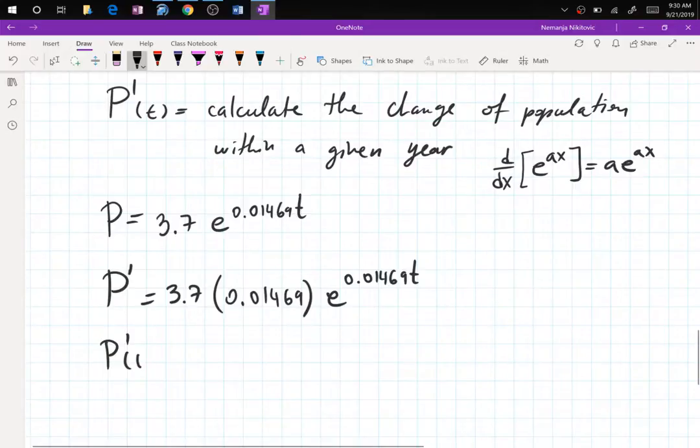So now we're going to multiply 3.7 times 0.01469 and get 0.05435 e to the 0.01469 t.